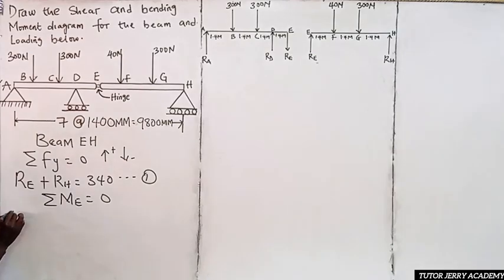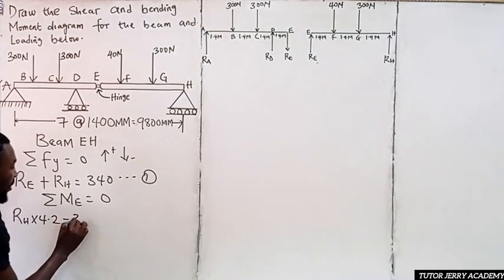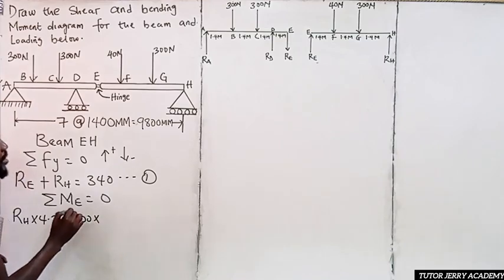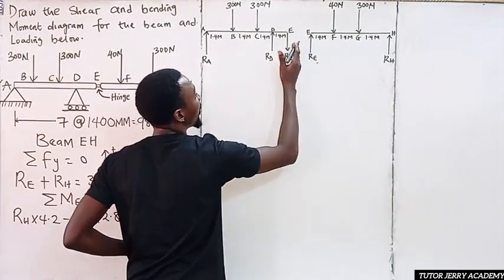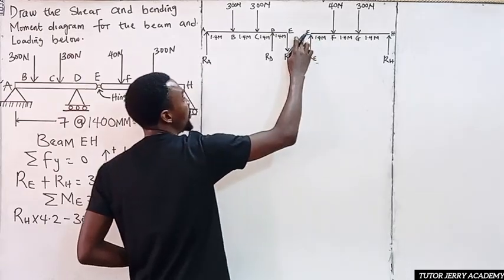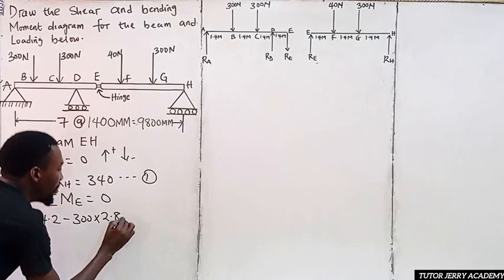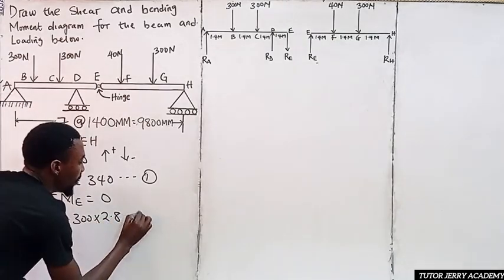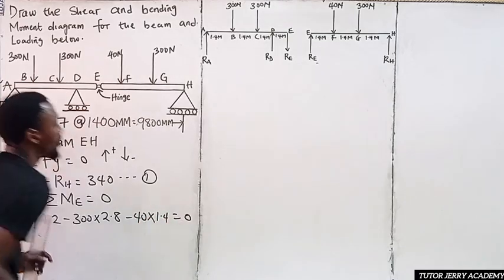So R_H multiplied by 4.2 minus 300 multiplied by 2.8, because it is from this point to this side. Don't forget, force times perpendicular distance: this force to this distance, this force to this distance, this force to this distance. So it's going to be minus 40 multiplied by 1.4. Everything equals 0.